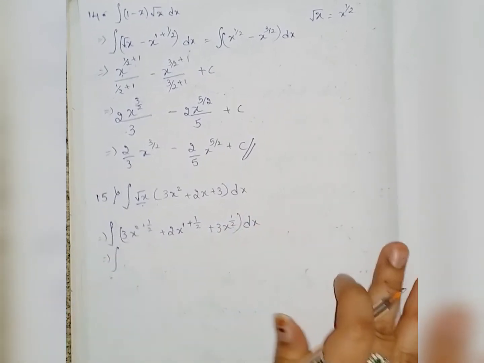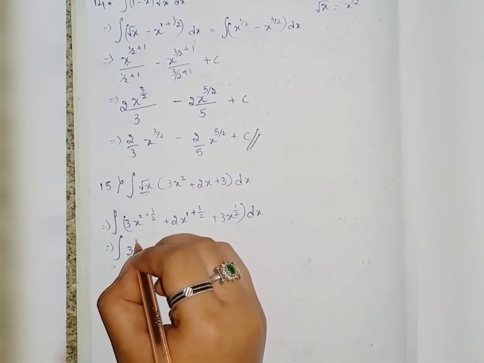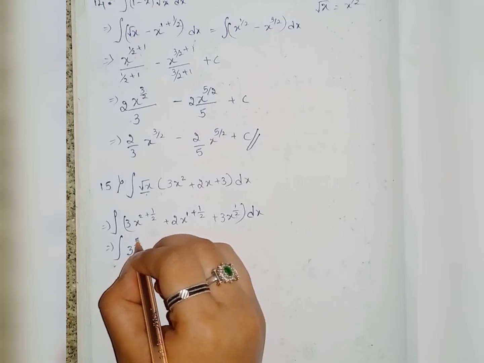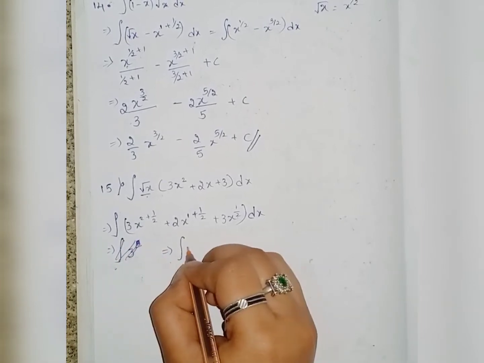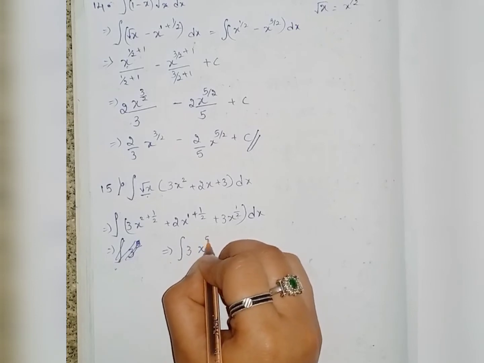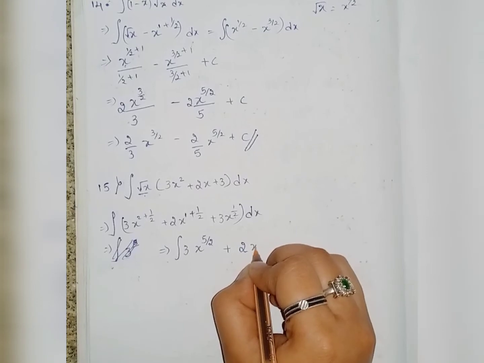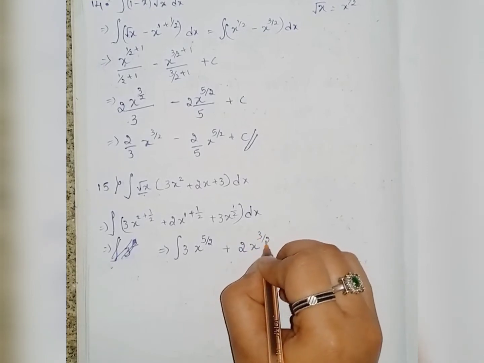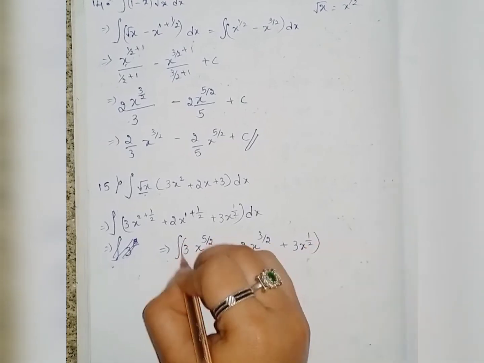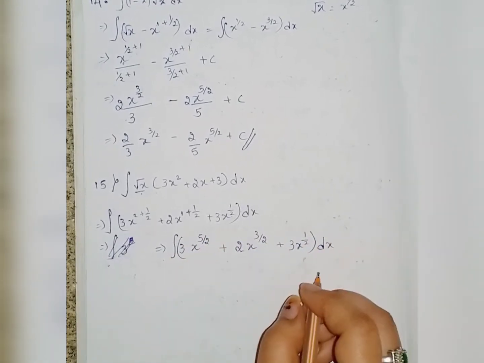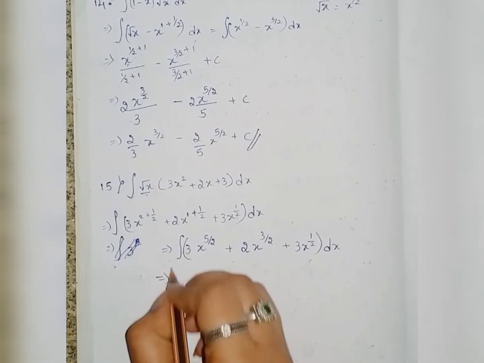We get the integration of 3x to the power 5 by 2 plus 2x to the power 3 by 2 plus 3x to the power half, the whole dx. Now we just solve this integration.